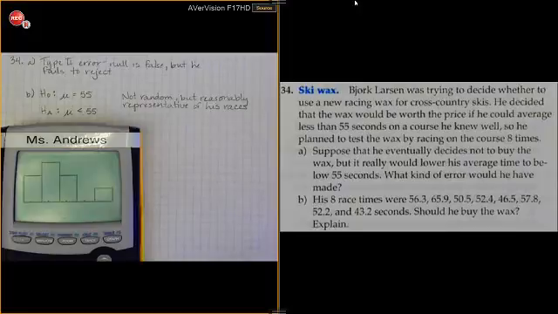And because we had to create our own histogram, I'm going to sketch that as well.